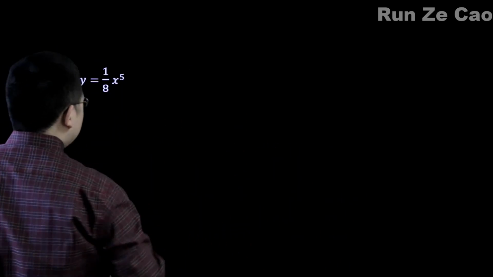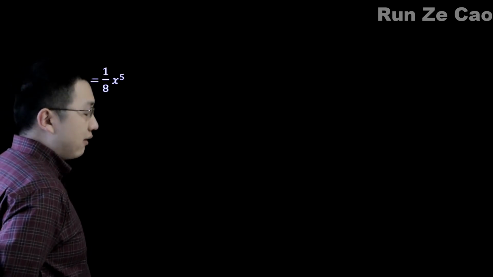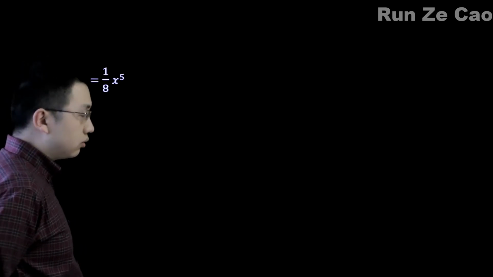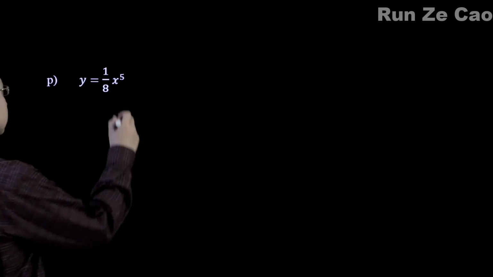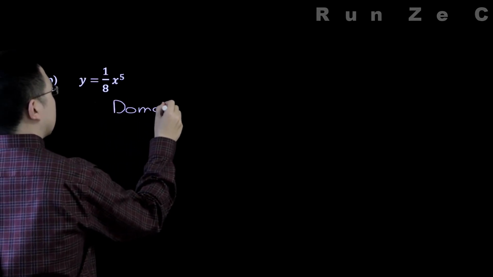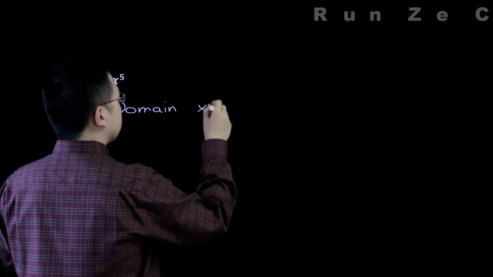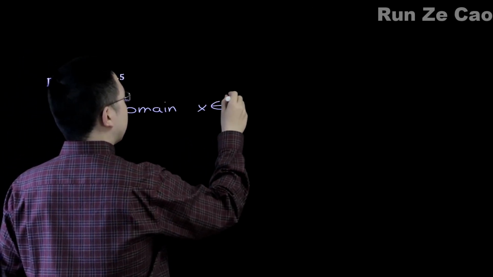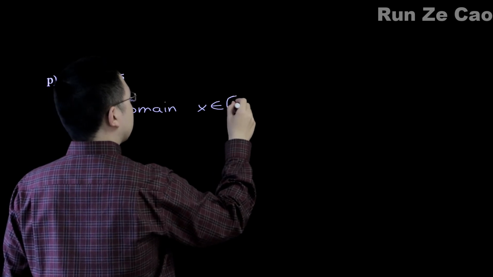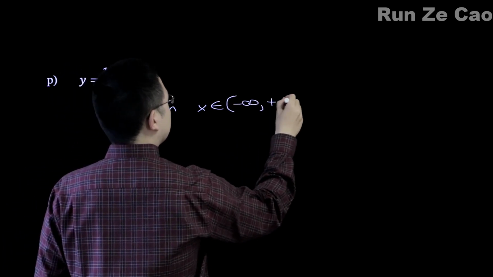Here we have x to the 5th power. Is there any point where we have no y value? So the domain is, well, if we're going to write interval notation instead of set notation, we would write x is from negative infinity to positive infinity.